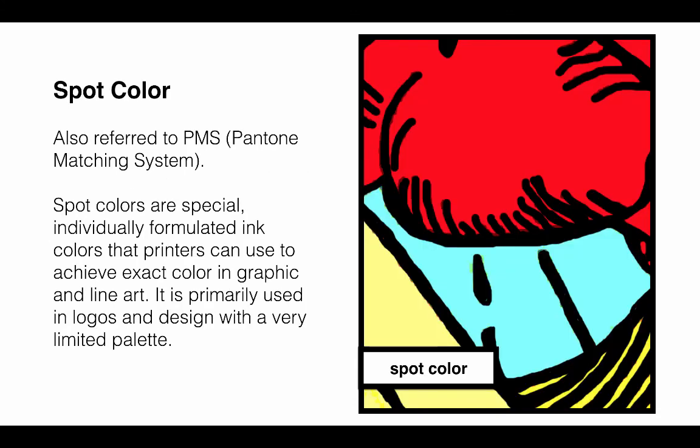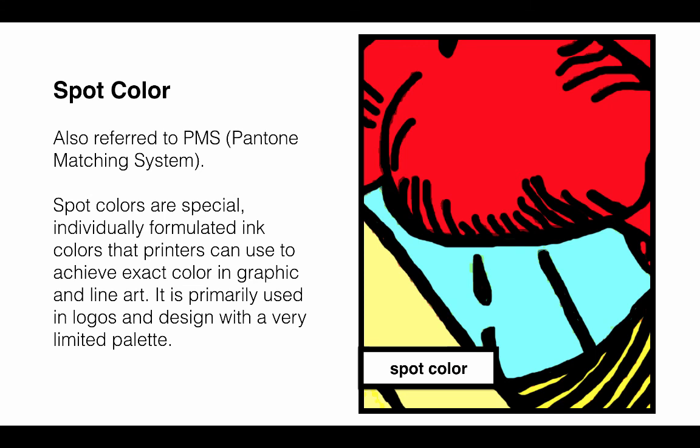Okay, now there's another thing that we're not going to get into immediately, but we will talk about later in the semester, and I just want to introduce the concept to you right now, and that's a thing called spot color. Spot color is also often referred to as the PMS system or the Pantone Matching System. There are other kinds of spot color systems that are not Pantone specific. Pantone is a company.